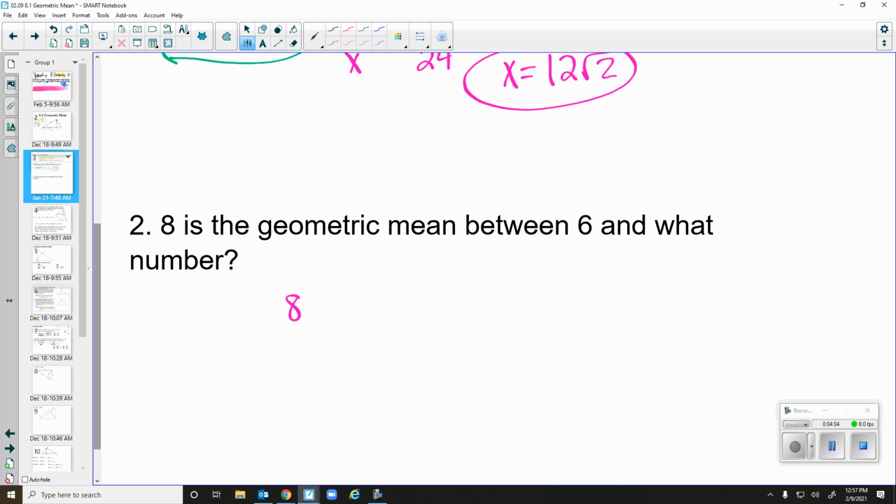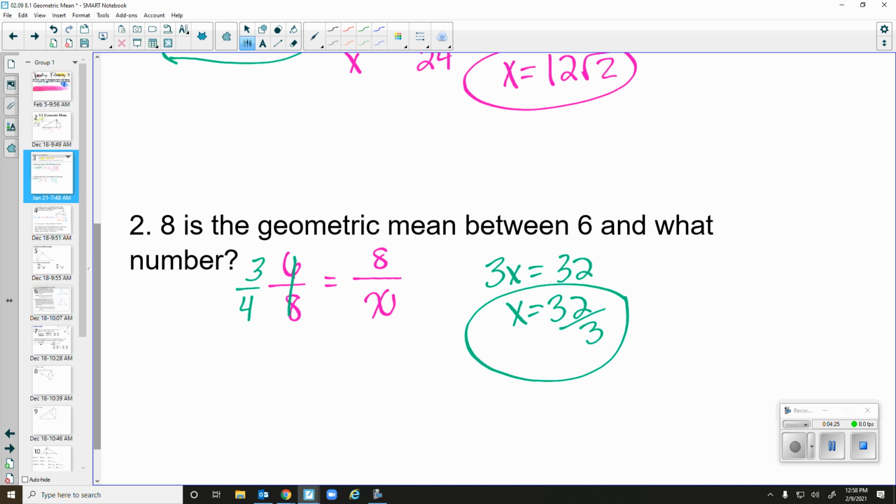So meaning 8 is your number here, and then it's with 6 and what other number? So now you're just solving a proportion. 6 over 8 could just be 3 over 4. So 3x equals 32, and x is 32 over 3. So those 2 options when it's just the straight up numbers.